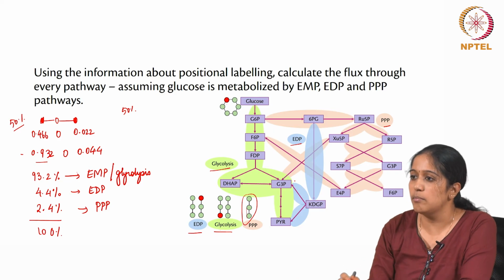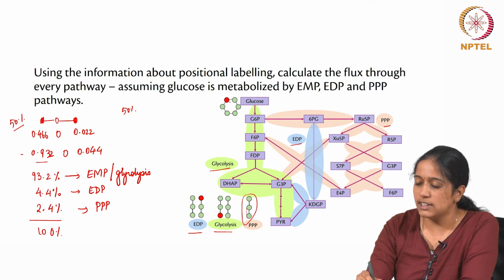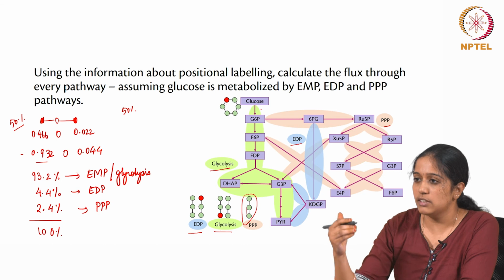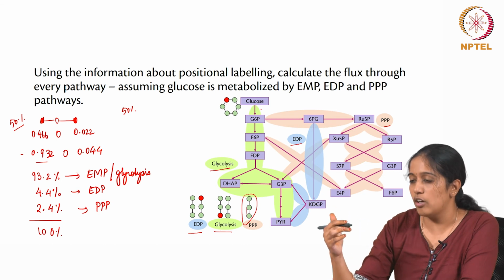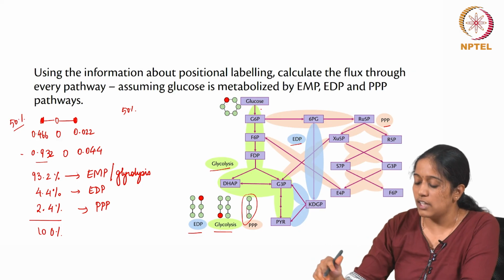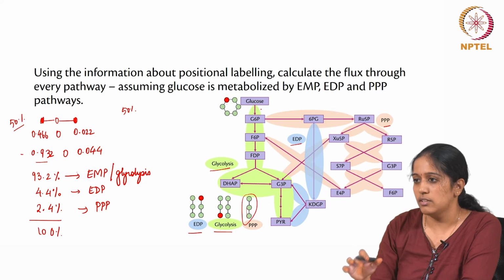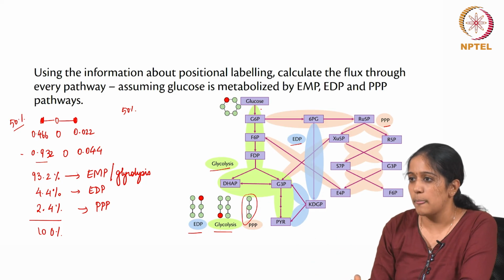Similarly for EDP and PPP. If you look at PPP, with first-carbon labeled glucose, in the first step there is an exit of the first carbon as carbon dioxide, which means that the other metabolites from PPP will not be labeled if you have 1-C13 glucose.